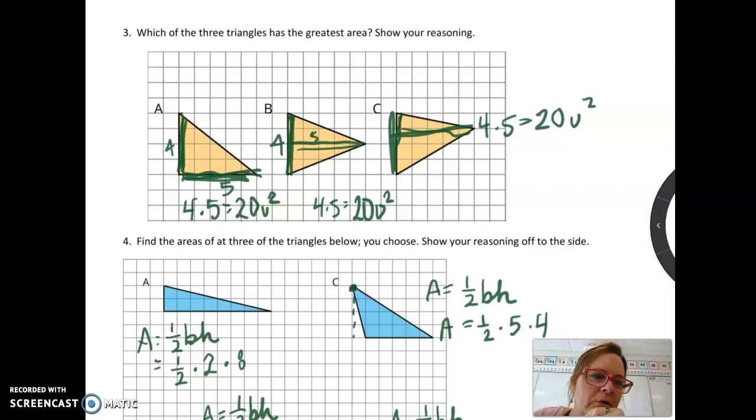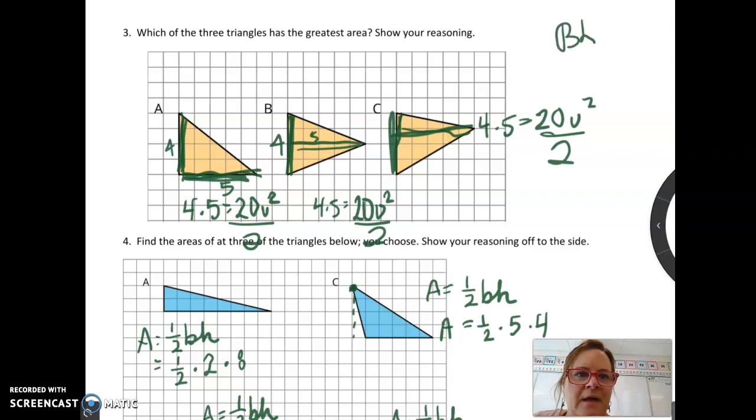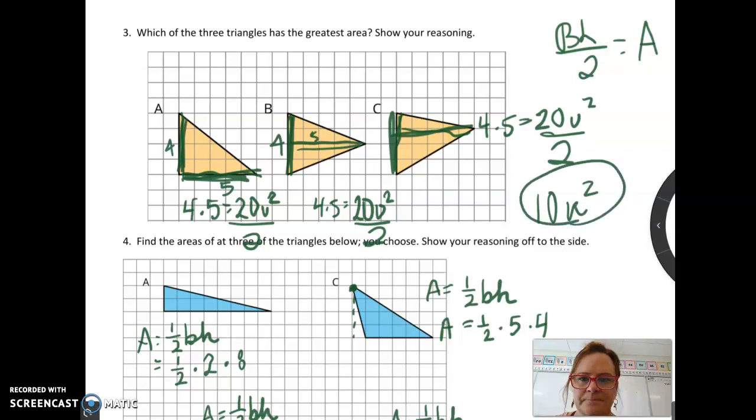But they're not a parallelogram, they're a triangle. So for each one, we have to take half. Sometimes I like to write it as base times height divided by 2. It's the same thing as multiplying 1/2 times base times height, but it's just a different way to write it. So I'm going to go back and forth. All of them, because we're taking 20 square units and dividing by 2, would have an area of 10 square units.